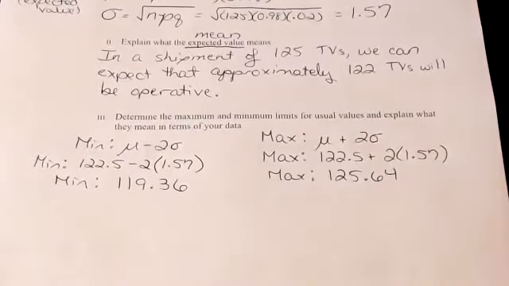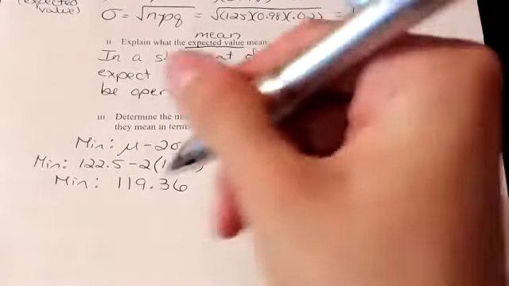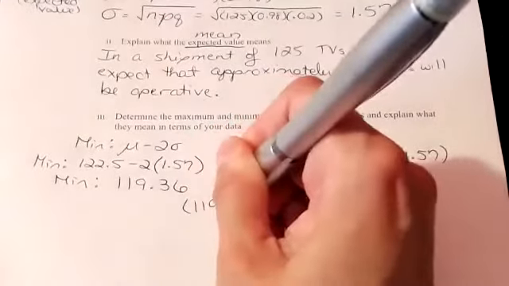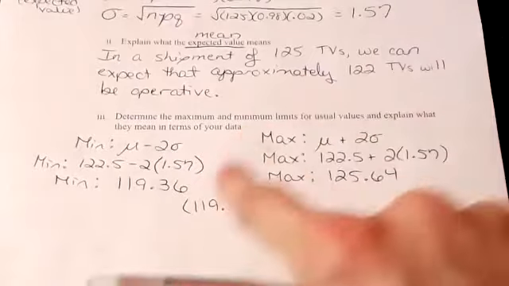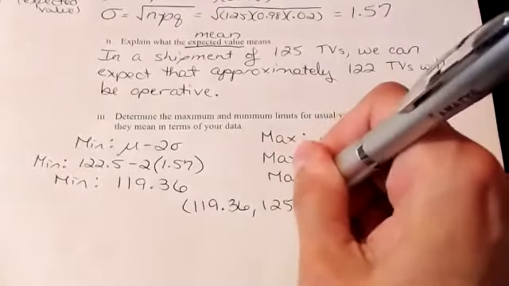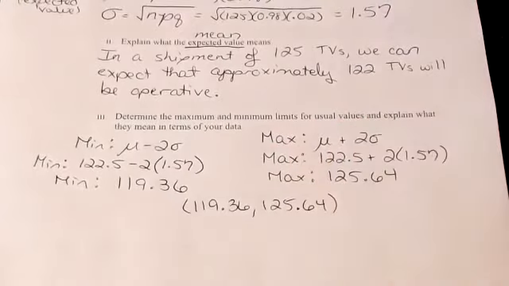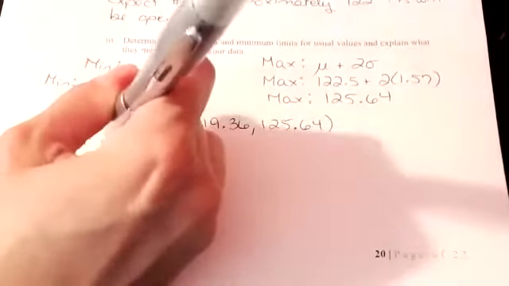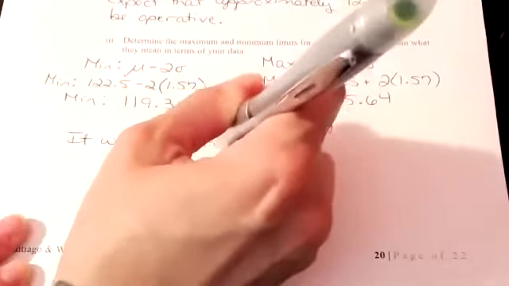Good. I'm going to write the range in interval notation just so that we're used to this. So in interval notation, your range of values from low to high is 119.36, comma, 125.64. So this statement indicates the following. It would be unusual.